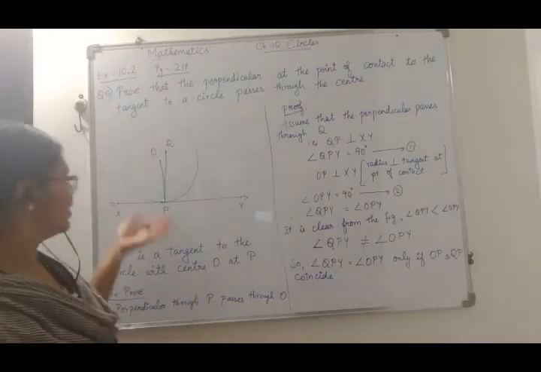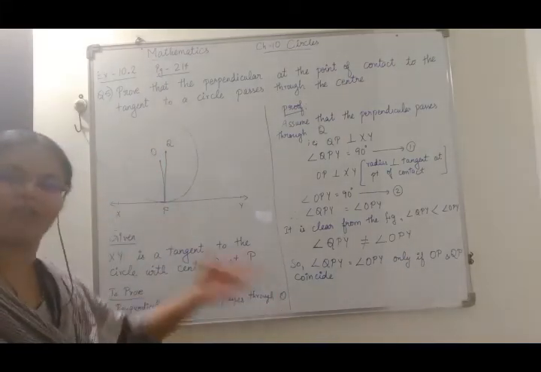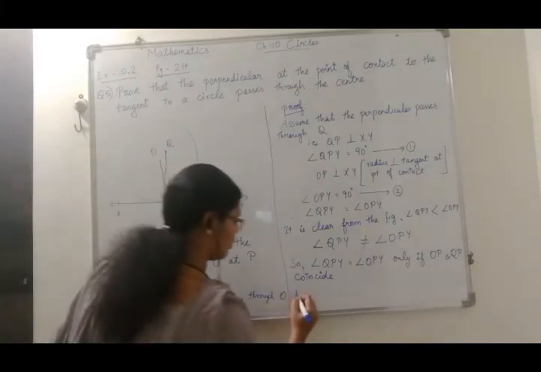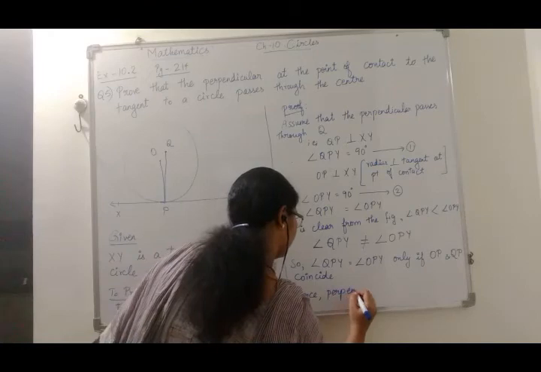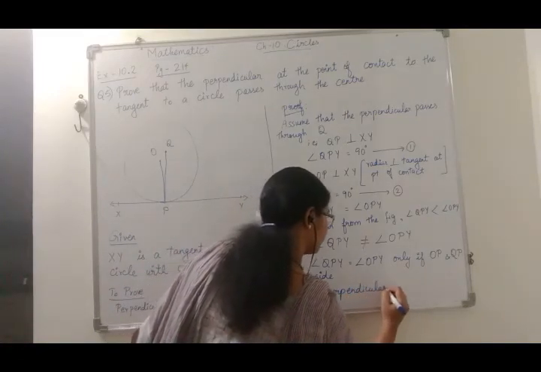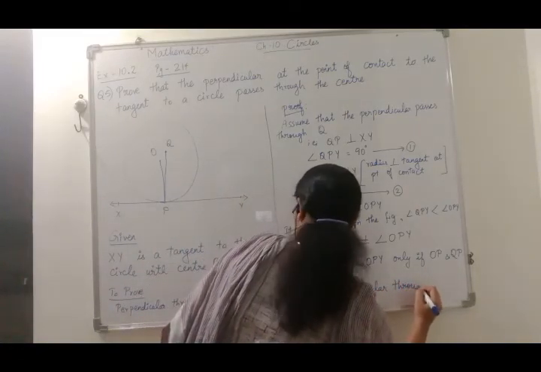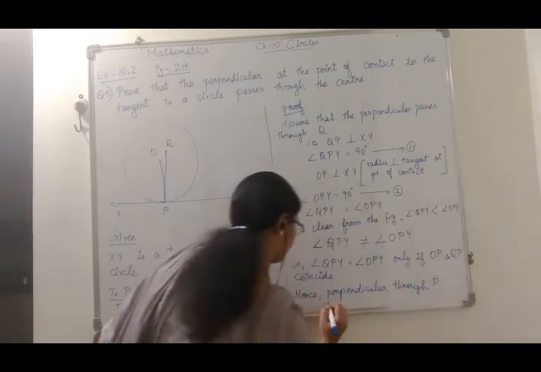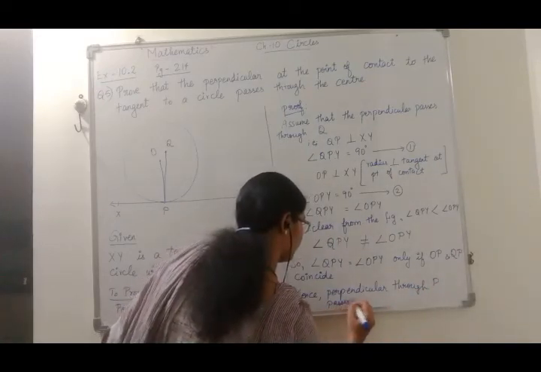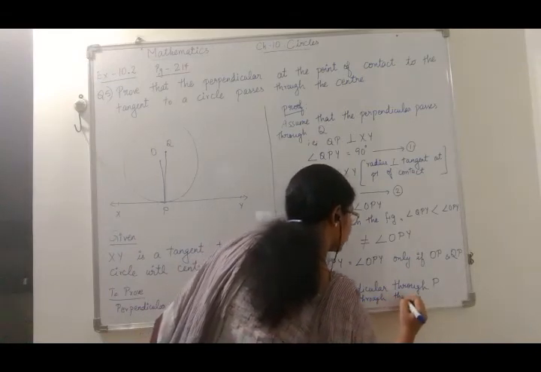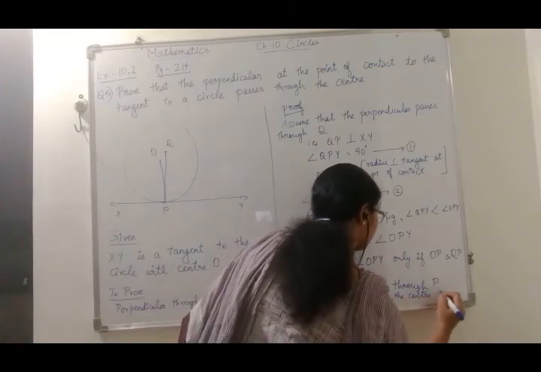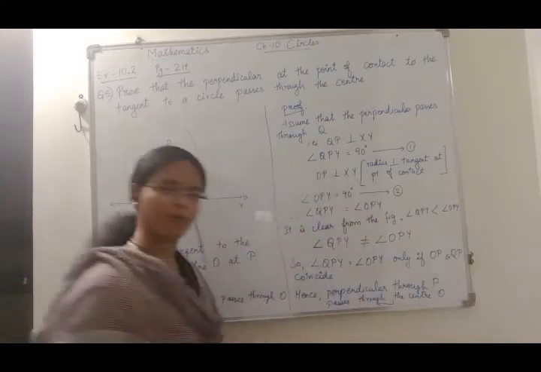That means what? It passes through O. It passes through the center. So hence perpendicular through P passes through the center. That's all we have proved.